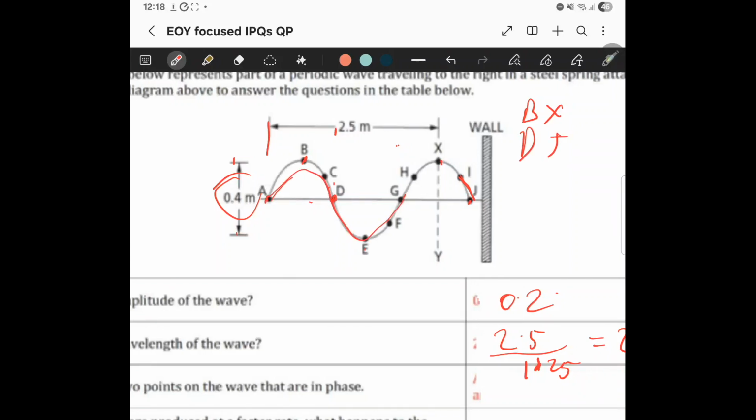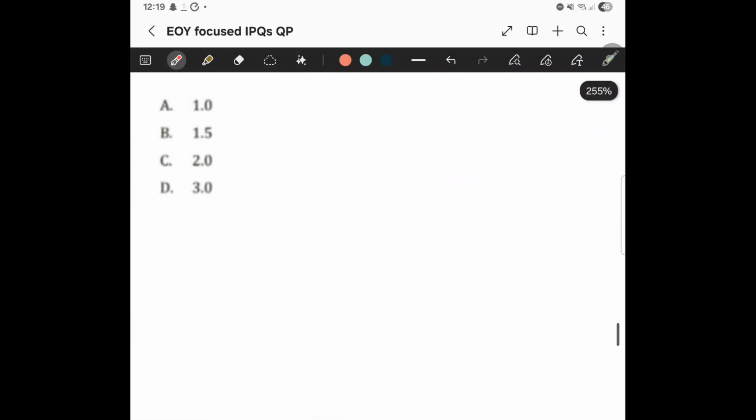A and G is good. And then, is there anything else? There's probably more as well, to be honest, but I hope you get the idea. C coming down, and then I is also coming down. C and I. These are all at the same position on the wave. Okay, very nice. Let's move on.